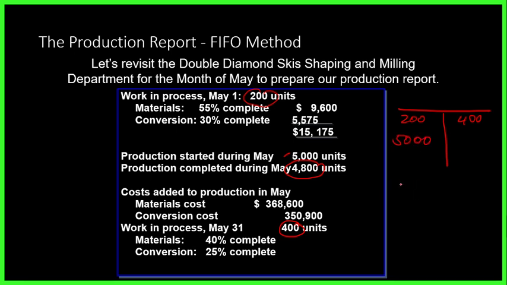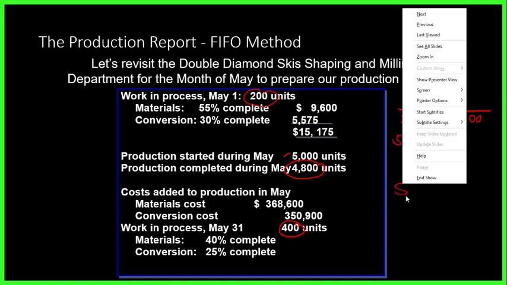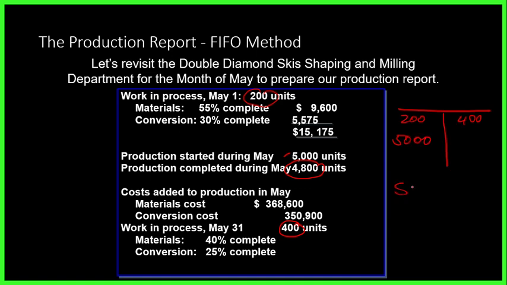Question: how much is the started, completed, and transferred? This is your started in process minus the ending balance. So out of 5,000 minus 400, how much is it?